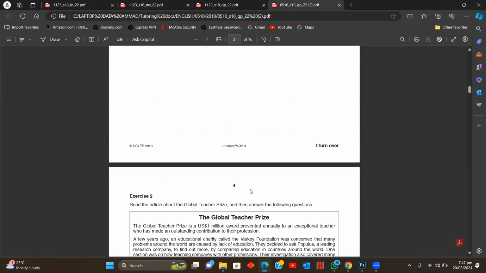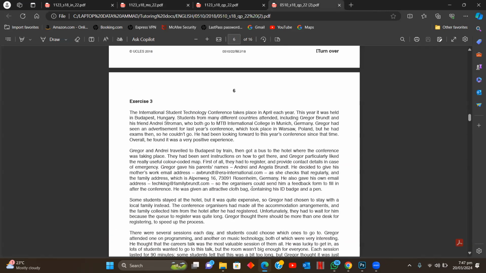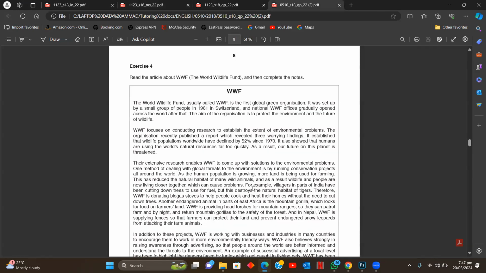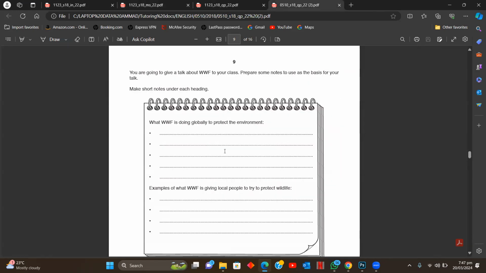And this is the task for second language groups. Again, a very similar thing, note taking. So your notes have to be extremely specific. You can pick up words from the passage, but again, your information has to be very, very specific.